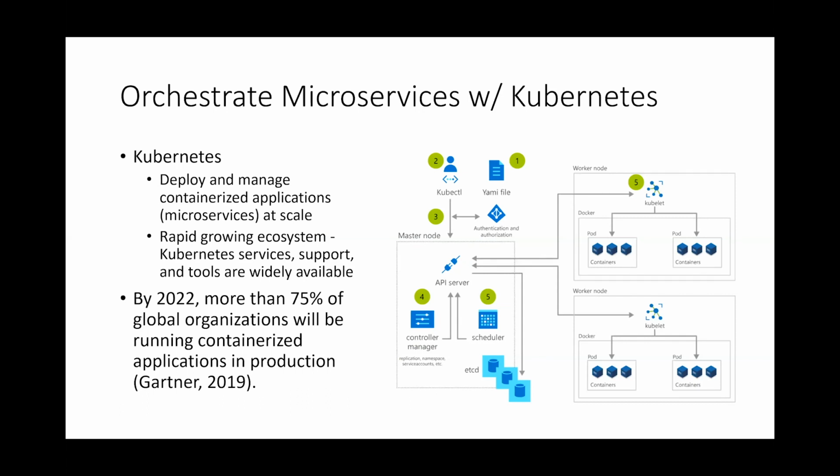To manage this complexity, Kubernetes provides an open source API that controls how and where those containers will run. Kubernetes orchestrates clusters of virtual machines and schedules containers to run on those virtual machines based on their available compute resources and the resource requirements of each container.